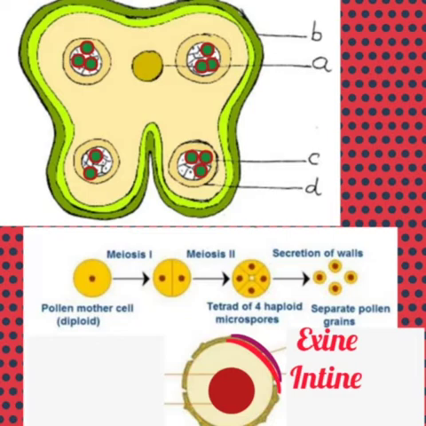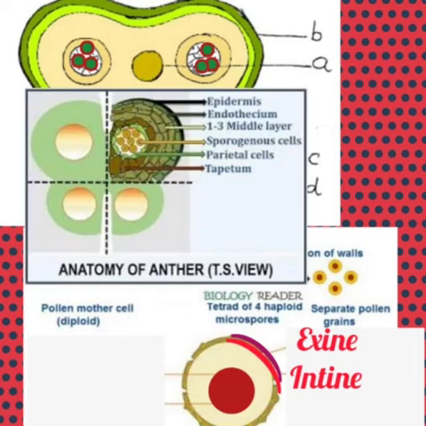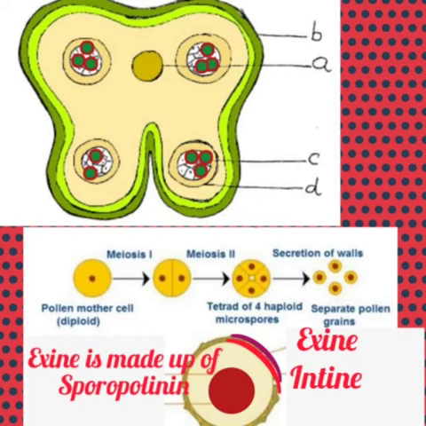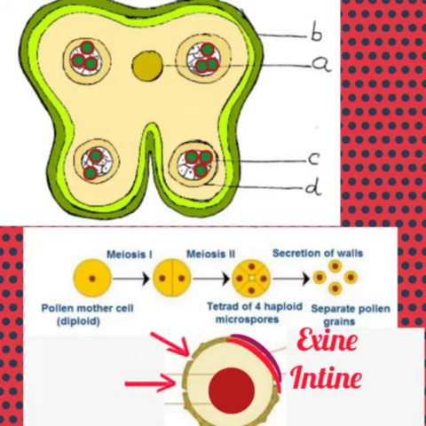This exine was released by the fourth layer of the anther wall, the tapetum. This layer, exine, is made up of sporopollenin. The gaps in between the exine are known as germ pores.